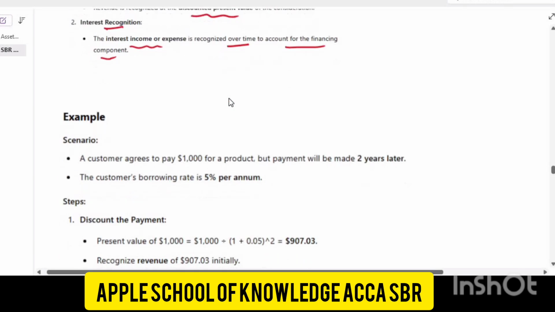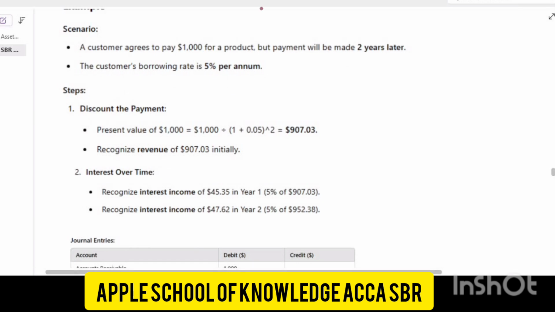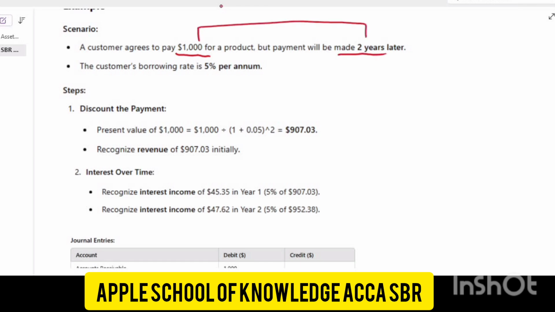Let's say we have an example here for better understanding. The customer agrees to pay 1000 for a product, but the payment will be made 2 years later. So it means there is a time gap of 2 years, which indicates that there is a significant financing component.